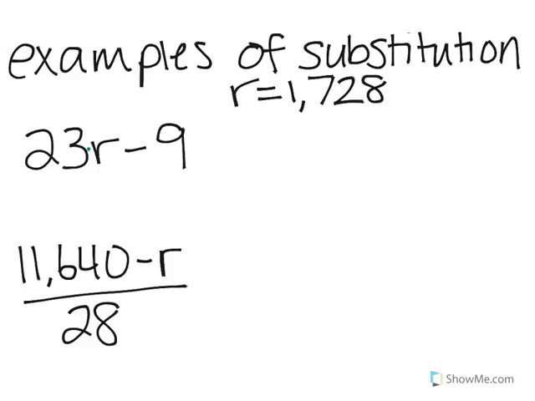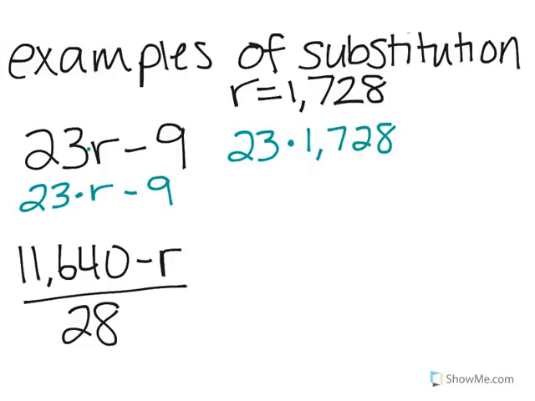So that's going to be rewritten as 23 times r minus 9. Order of operations says we do multiplication and division first, because there aren't any parentheses. So we're going to do 23 times 1,728, and then minus 9. And I think you guys can take that from there.